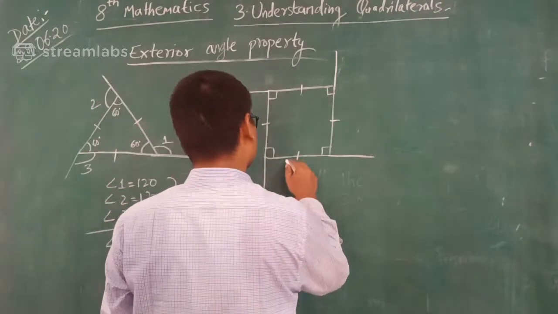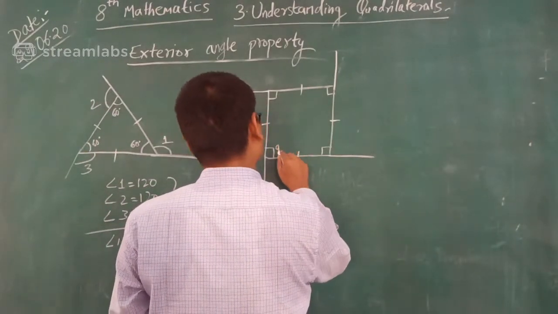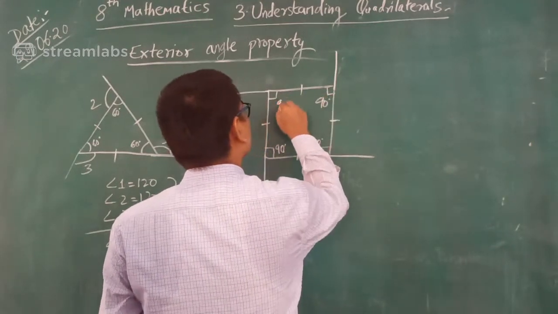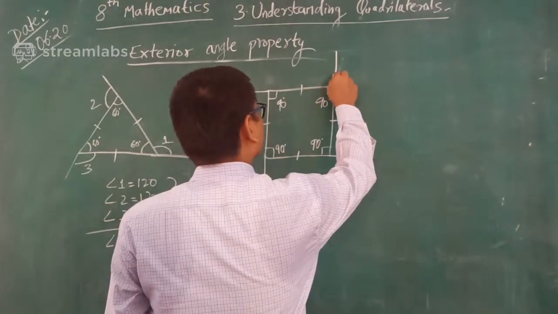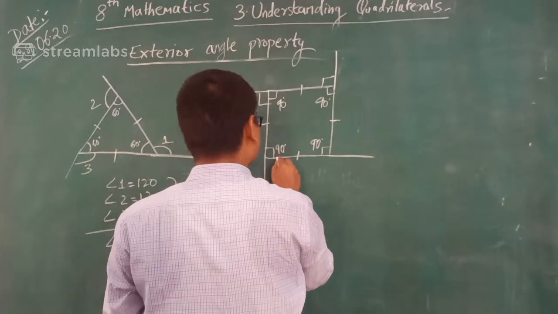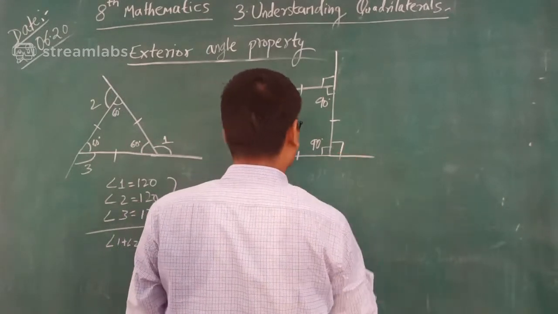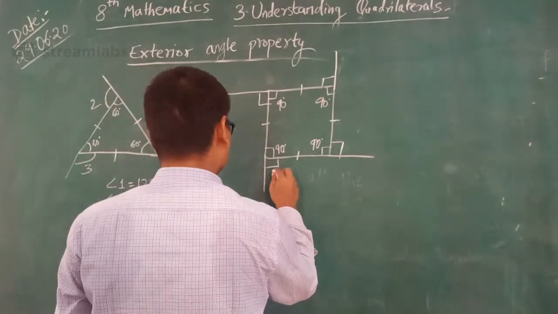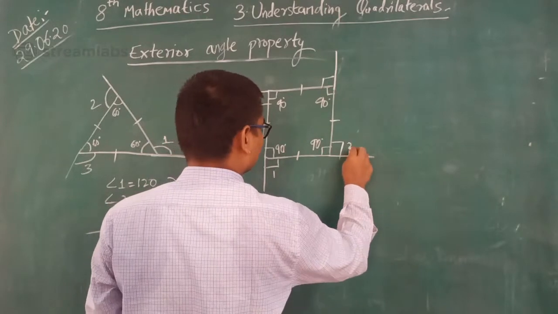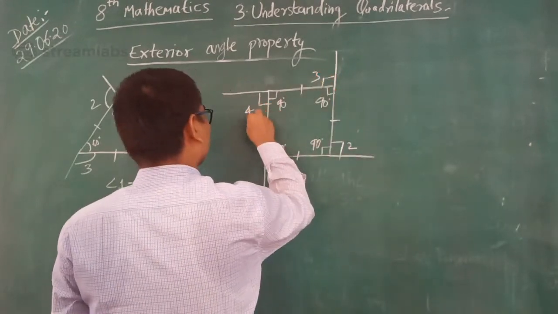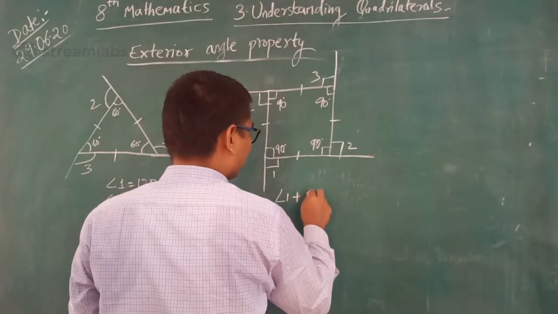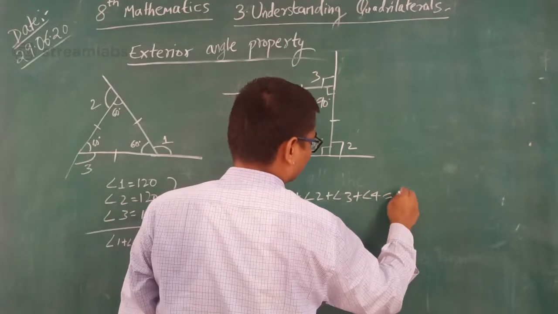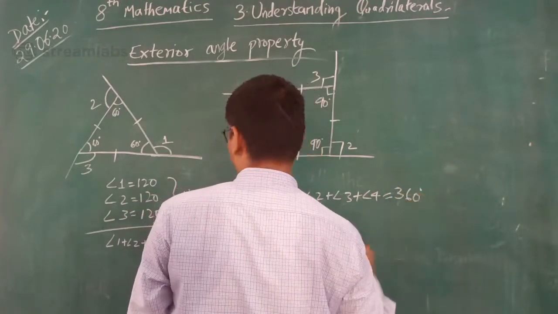Similarly here, all the angles are equal, that is 90 degrees each, and these angles will also be 90 degrees because of linear pairs. So angle 1 plus angle 2 plus angle 3 plus angle 4 is equal to 360 degrees.